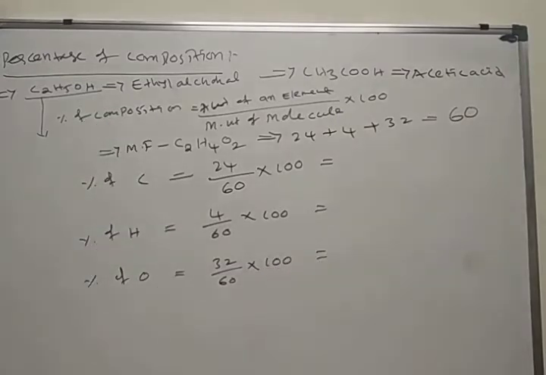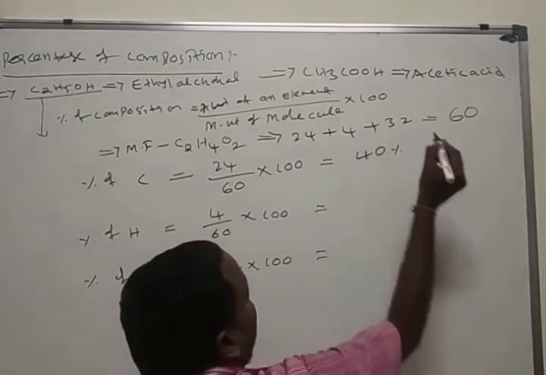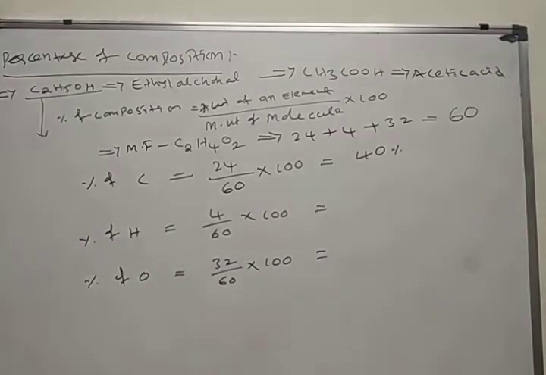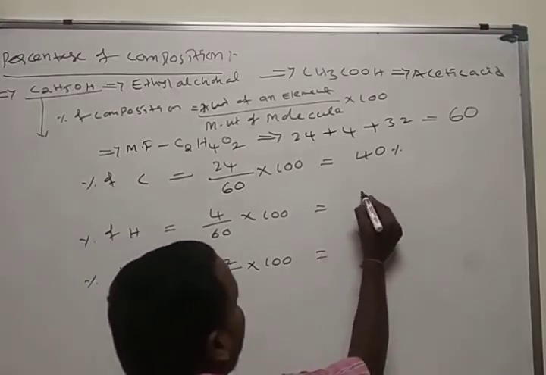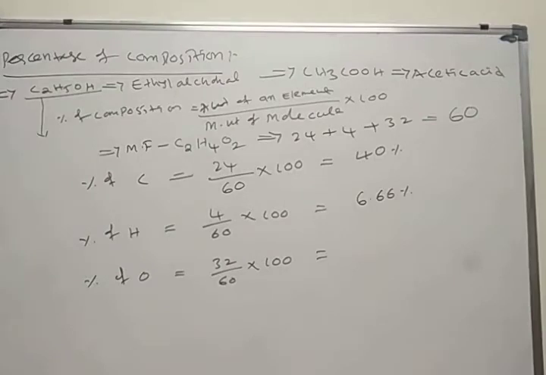Over here we will see numbers. 24 divided by 60 into 100 is 40%. This molecule contains 40% of carbon. Next, 4 by 60 into 100 is 6.6 percentage of hydrogen. Next, 32 divided by 60 into 100.